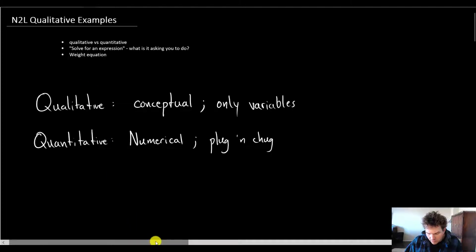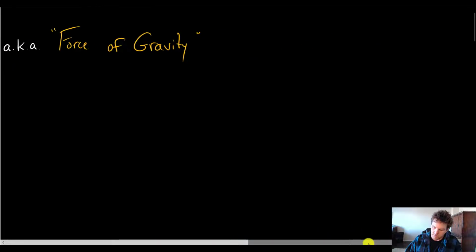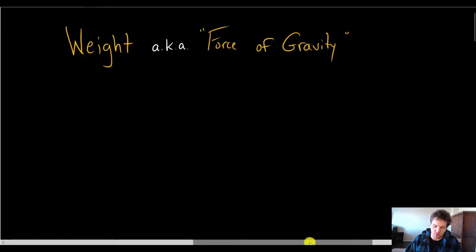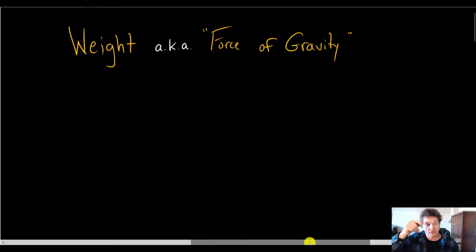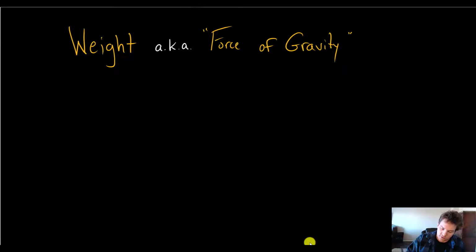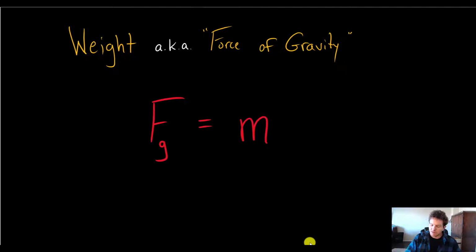The other really important thing to remember here is the force of gravity equation, also known as weight. Just so we're all starting off on the same page, remember the force of gravity is a really quick and easy equation: it is the mass of an object times the pull of gravity.